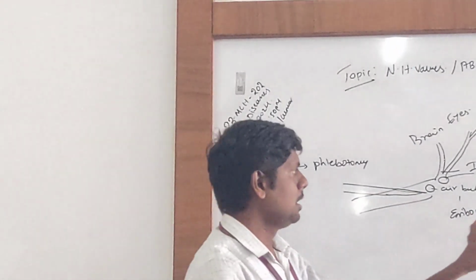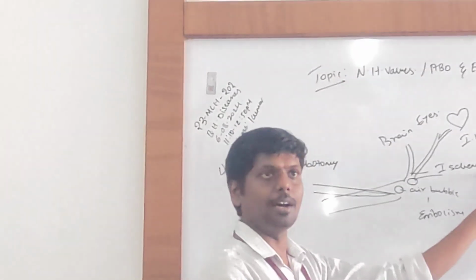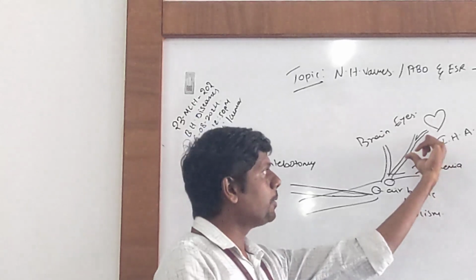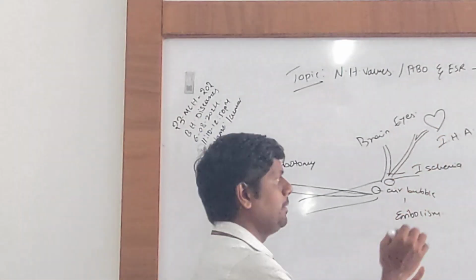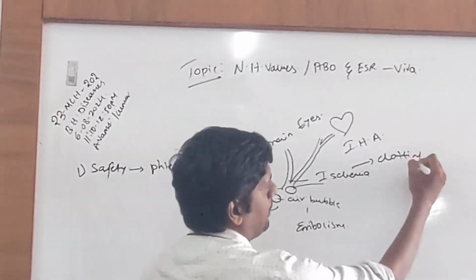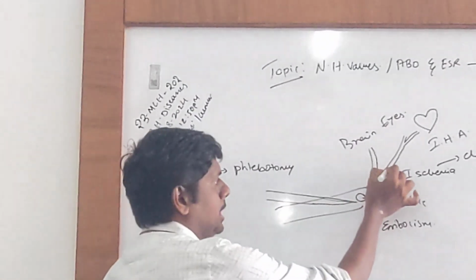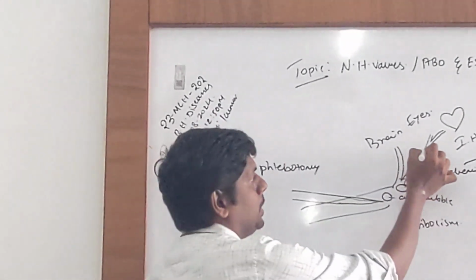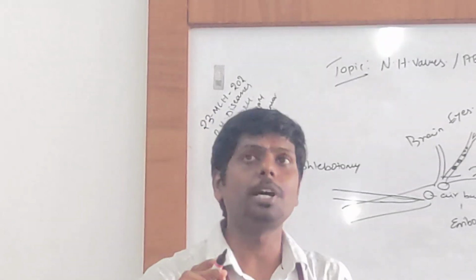Okay. And the third phenomenon that can happen, apart from ischemia, is this: stagnated blood without circulation might initiate the clotting mechanism, or the blood might be clotted. Clotted blood within the blood vessel is called a thrombus.